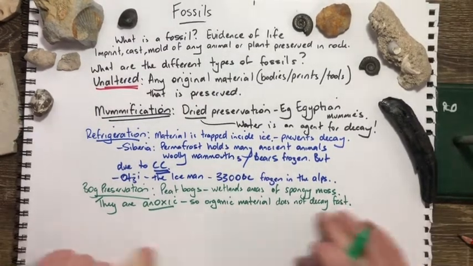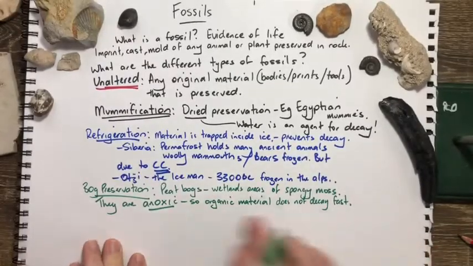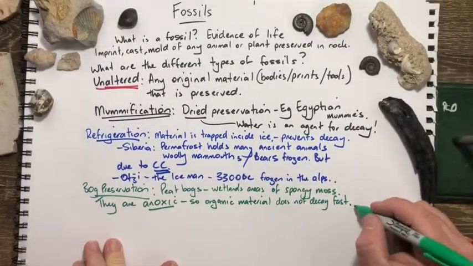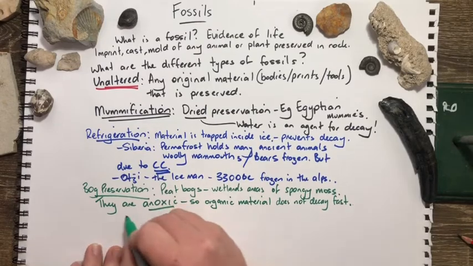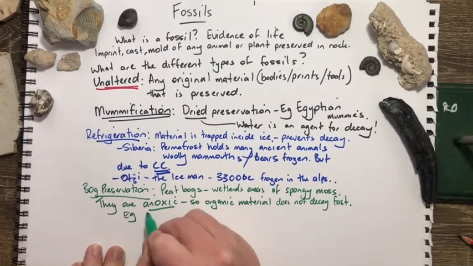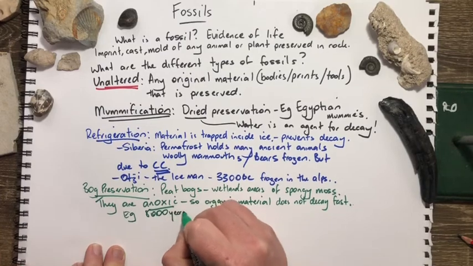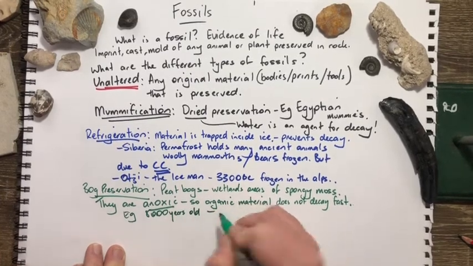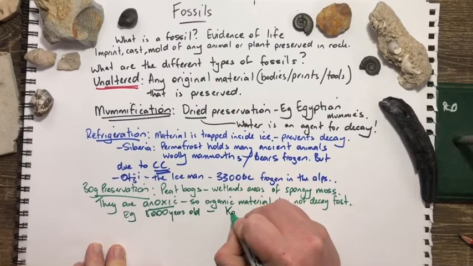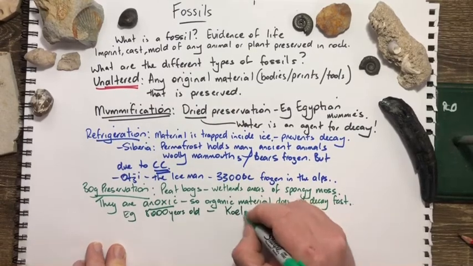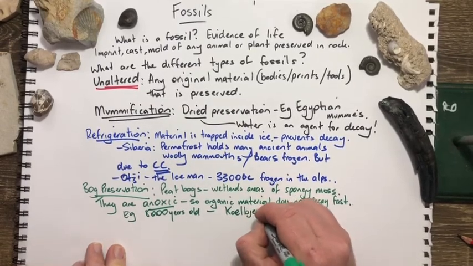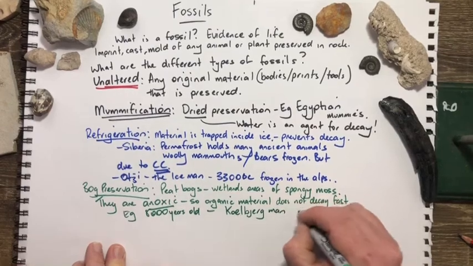I'll keep writing a little bit about bogs. So material doesn't decay fast. Example, e.g., 8,000 years old, and he's called Karl Bergman, and he's in Denmark.